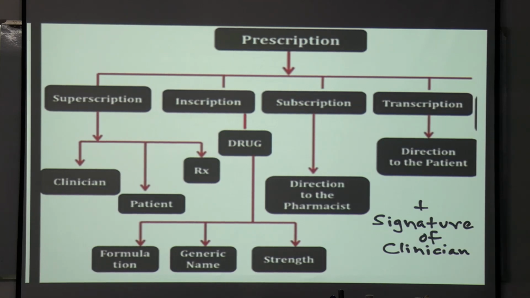Okay, so advice to the pharmacist is subscription, advice to the patient is transcription. And finally, at the end, in lower right end, there must be the signature. Without signature of the doctor, the prescription is invalid and incomplete. Signature must be there.